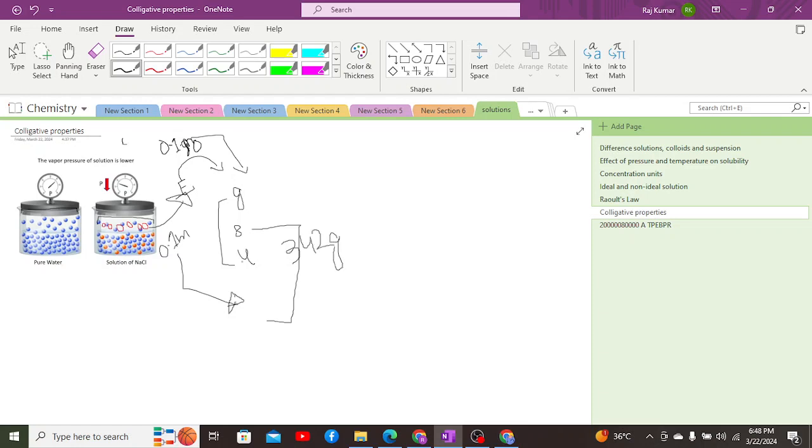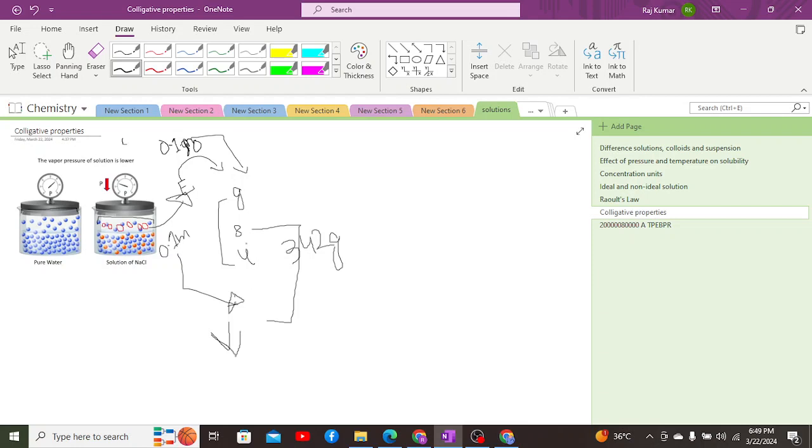So since sucrose has the highest mass, sucrose should have the highest vapor pressure. But if we consider taking a 0.1 molar solution of all of these three, we find in actuality that the vapor pressure of all of these three components is the same.